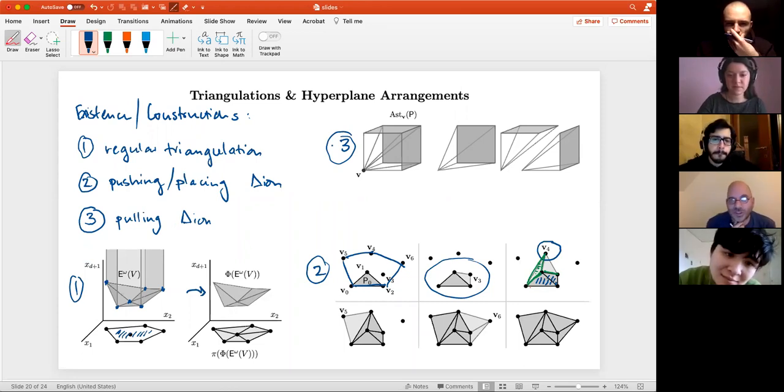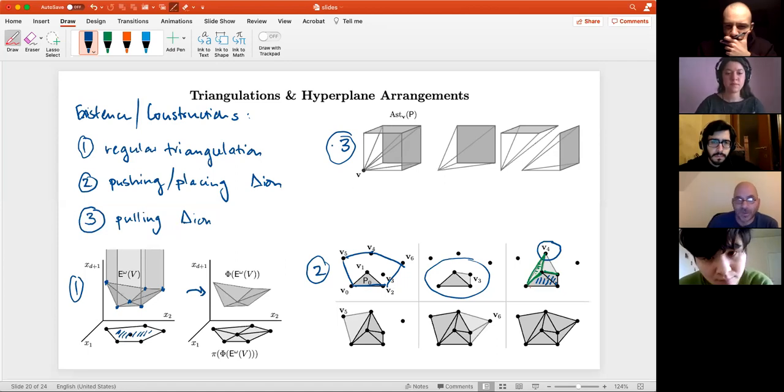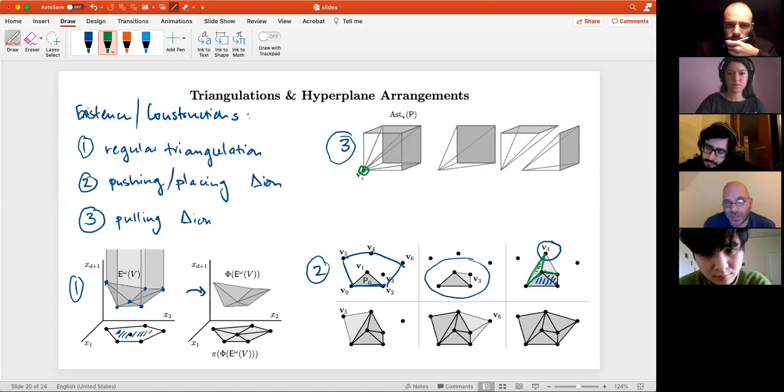So what you do over here is you have a polytope, like this three-dimensional cube, and then you stand at one vertex. So let's say we stand over here, and you look at all the facets that don't contain your vertex.